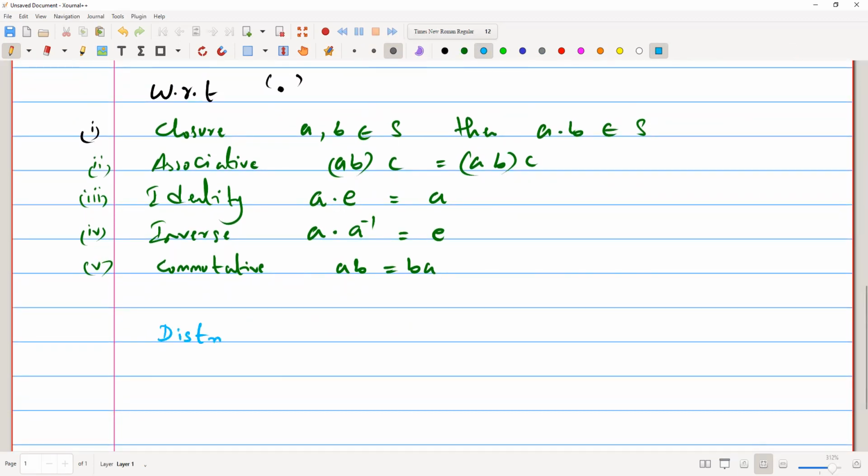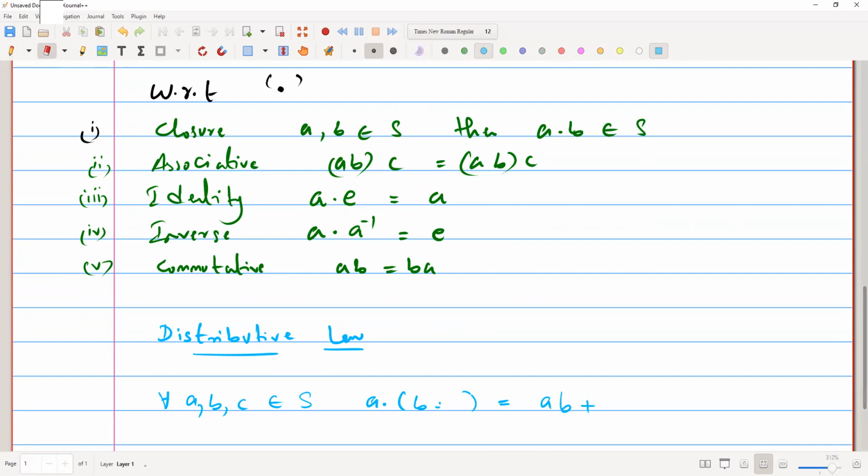So the distributive law should also hold for the structure that we are calling a field. For all A, B, C belonging to the set, A dot (B plus C) equals AB plus AC.